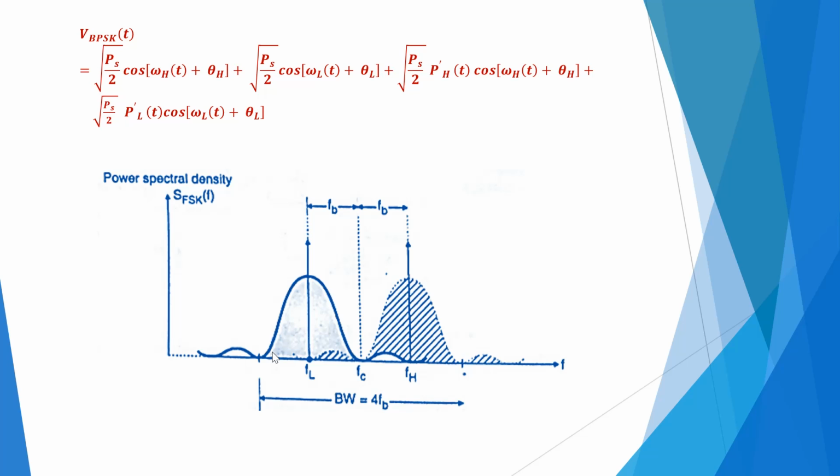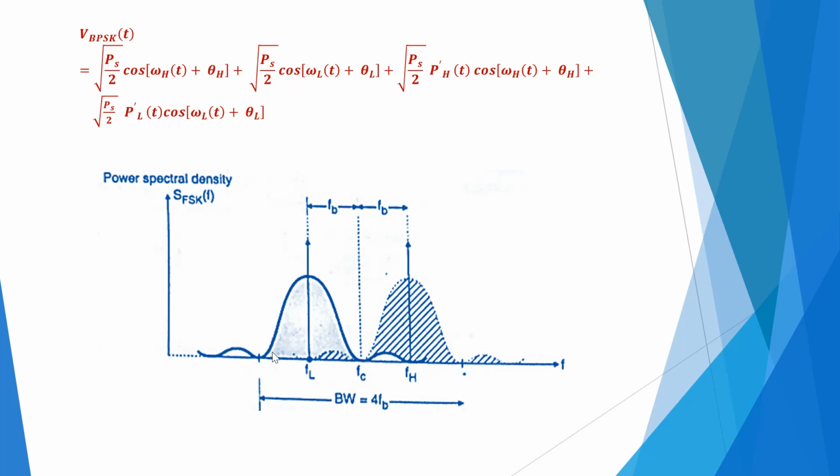With the help of these two, we can rewrite our BFSK equation: square root of PS by 2 cos(omega H t plus theta H), similarly square root of PS by 2 cos(omega L t plus theta L), the third term square root of PS by 2 P'H(t) cos(omega H t plus theta H), and similarly square root of PS by 2 P'L(t) cos(omega L t plus theta L).